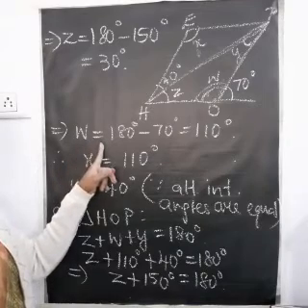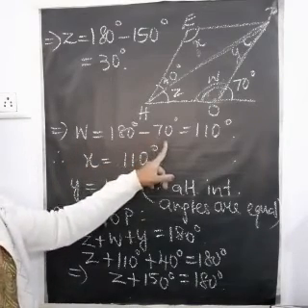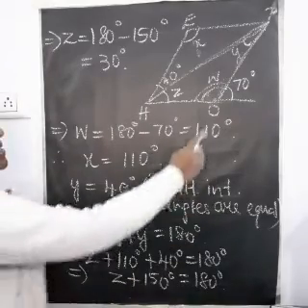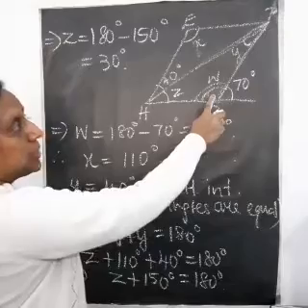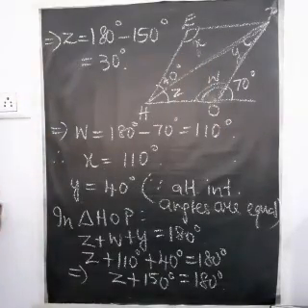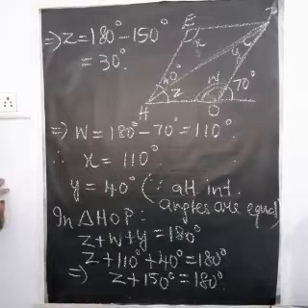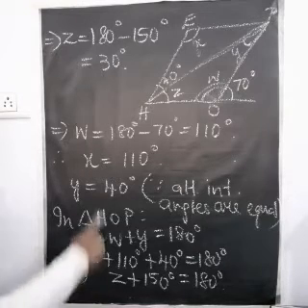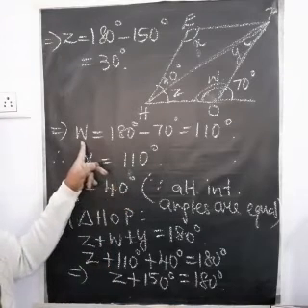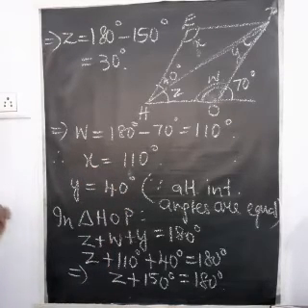W is equal to 180 minus 70, which is equal to 110. So once I got 110 for W, I know that these two angles are equal in a parallelogram because they are opposite angles. So what is X equal to? 110, which is the same as W. Have you got it? Okay.